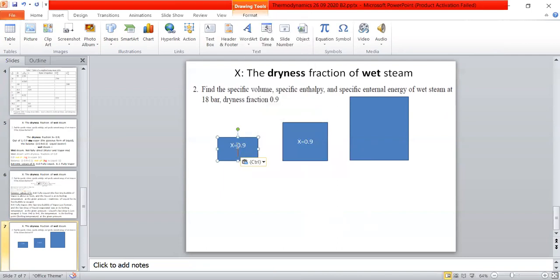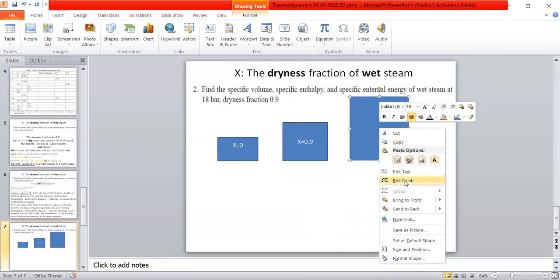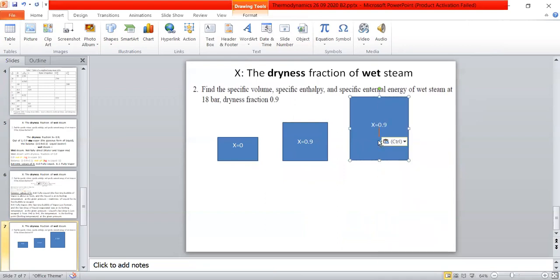Here x is 0.0, fully liquid. At the other end, x is 1. Okay, very interesting.